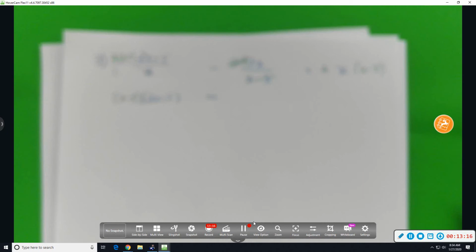Let me try focus lock. Oh no, I don't want to do that. It's not focusing at all, is it?